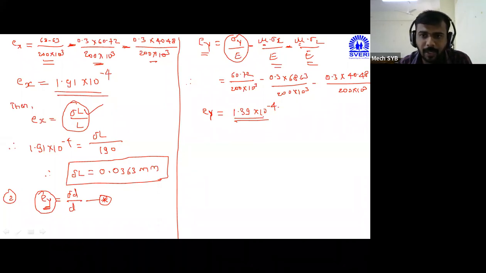All answers will be accepted. Received answers from 4. What about others? Do the proper calculations. Yes, 1.39 into 10 raised to minus 4. Everyone has got the same answer.